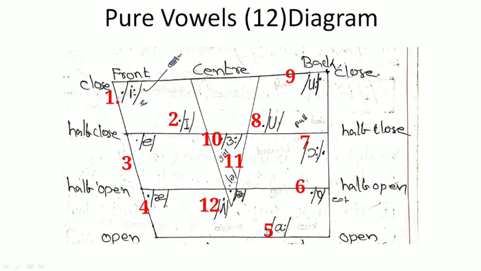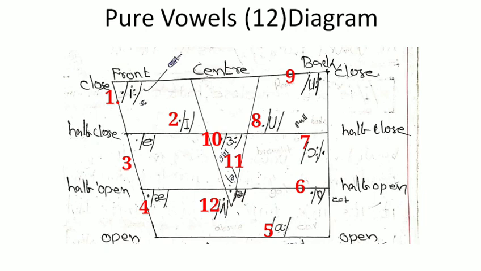The fifth vowel is A. Then next is O, half open or just below the half open. Next is O, then U, then as in girl, then A as in father, then A as in up.